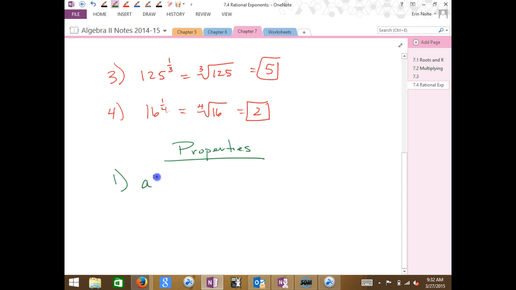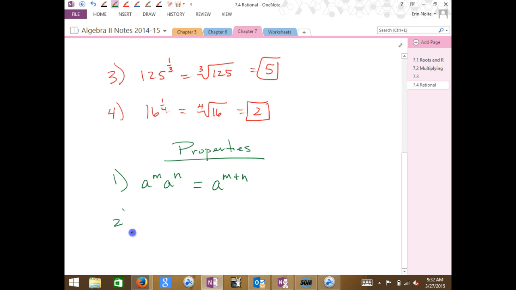If I have a to the m times a to the n, as long as the 2 bases, the a's, are the same, what can I do with the exponents? How about I'll just tell you this one: you're going to add the exponents. m plus n.